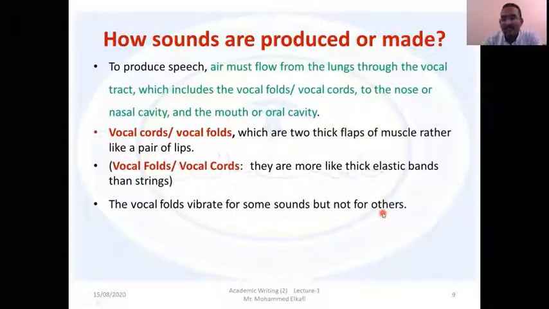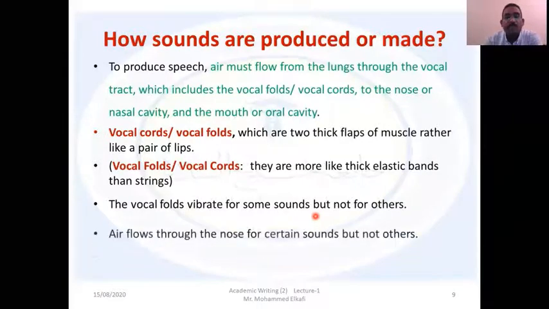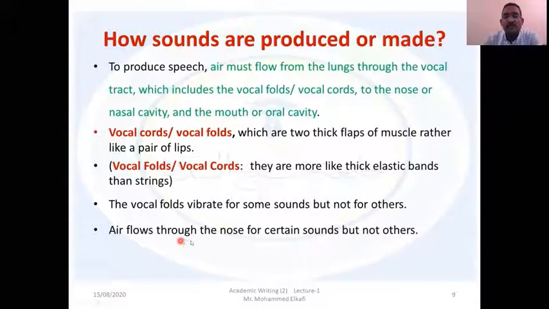So we have some types of sounds which are produced with vibration, and some that are not. Air flows through the nose for certain sounds, but not others. Here we'll also find some nasal sounds, which will come through the nose, but the others not.